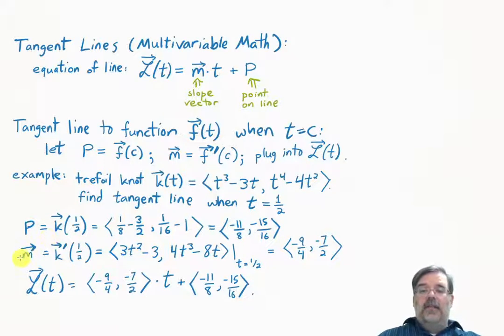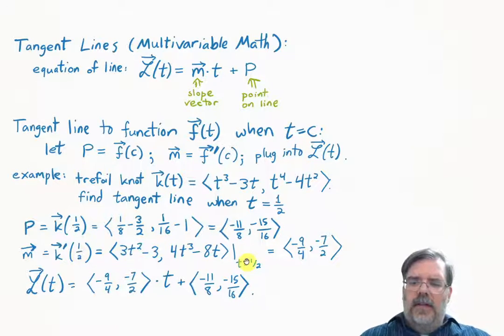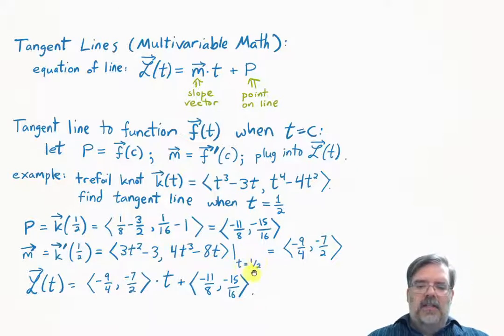Then to calculate the slope vector, we need to calculate the derivative of the function k and then plug in 1/2. So first, we'll calculate the derivative. We've seen this a few times before. Then we'll evaluate that at t equals 1/2. I'm using a bit of notation here.